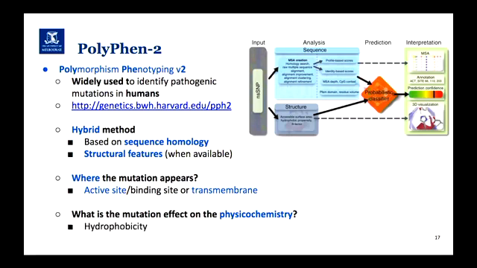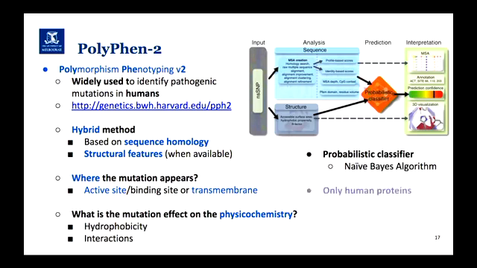For instance, how this mutation is affecting hydrophobicity, protein interactions, and so on and so forth. So basically, given an input, what PolyPhen does is calculate a series of sequence-based features as well as structure-based features, and use these to train a probabilistic classifier based on a naive Bayes algorithm that we'll cover on week 12. However, this is only made for human proteins, but it's the gold standard when you're trying to predict pathogenicity in humans.